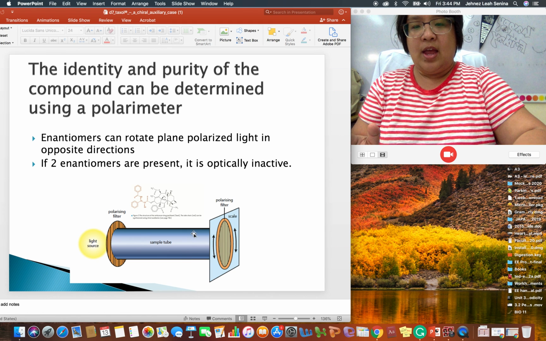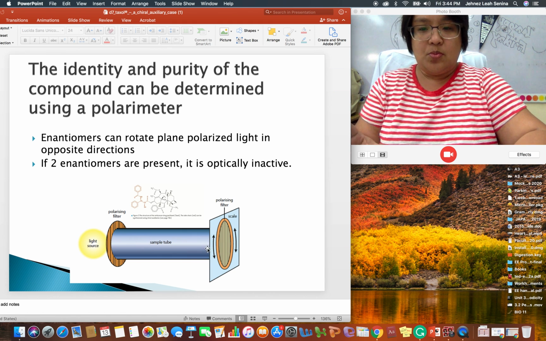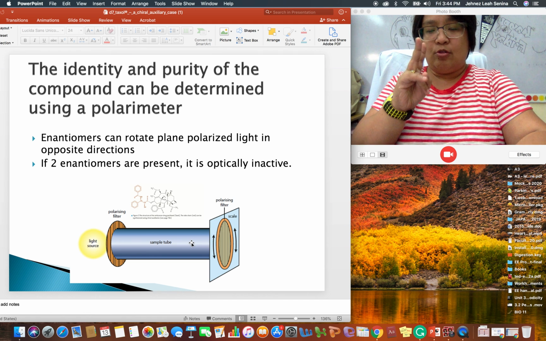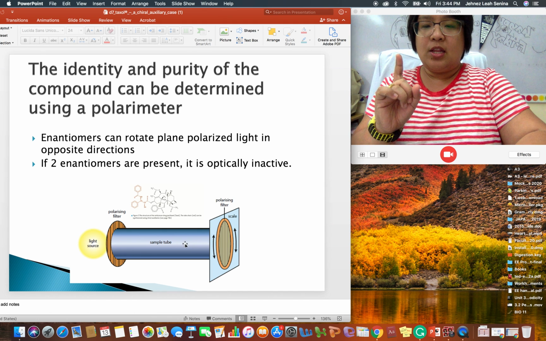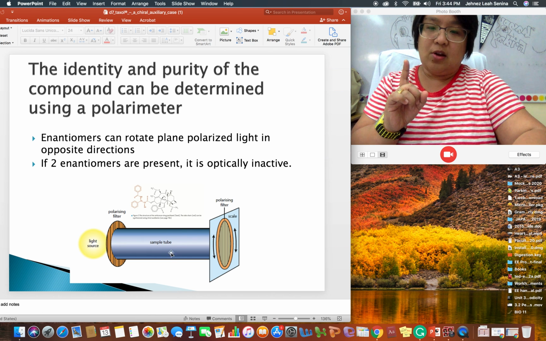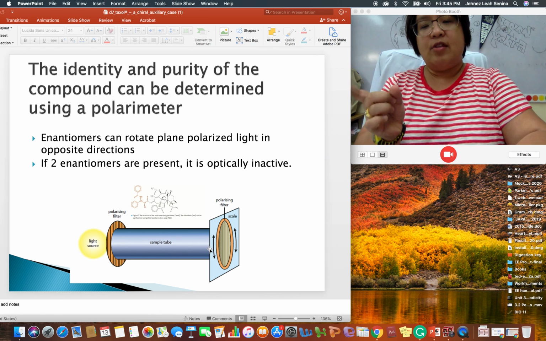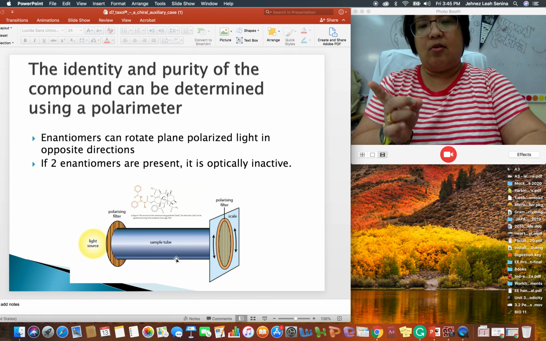Okay, and if inside this tube there are two enantiomers, the first enantiomer can rotate this wave clockwise. So imagine clockwise. And then the other enantiomer can rotate the wave of the light counterclockwise.